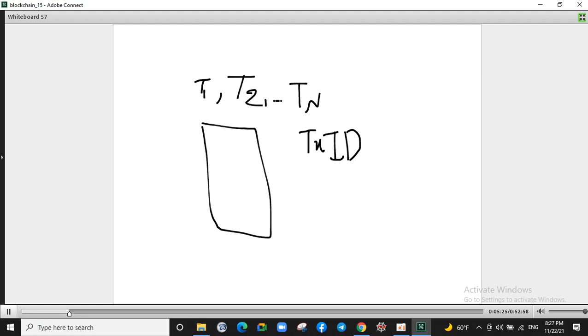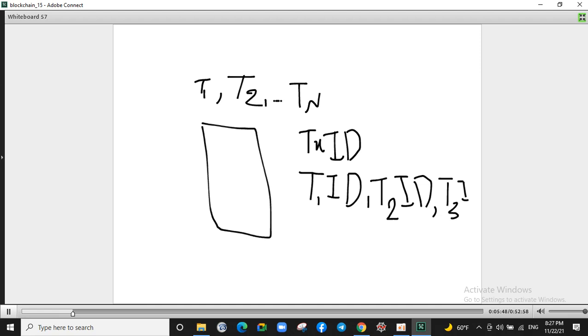Now, the address of a block is calculated through hashing all these transaction IDs. So T1 ID, T2, I mean second transaction, third transaction ID, and finally the last transaction ID.